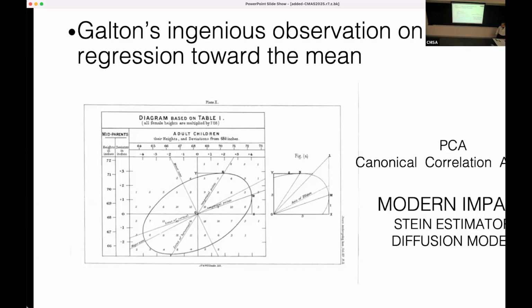Anyway, at that time elliptical geometry was probably very popular.